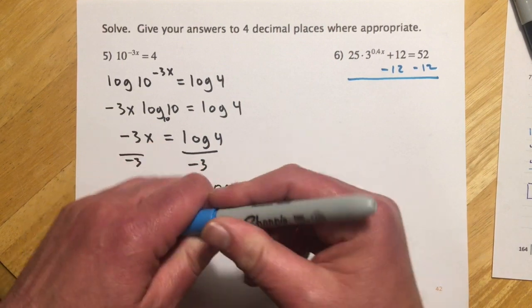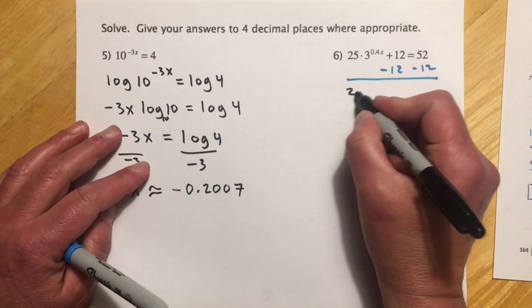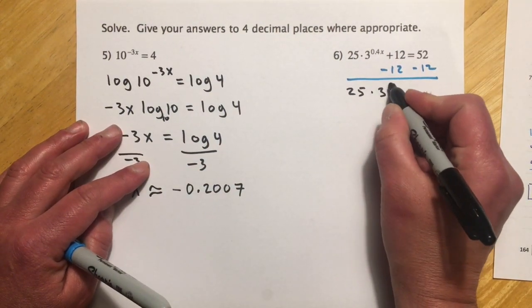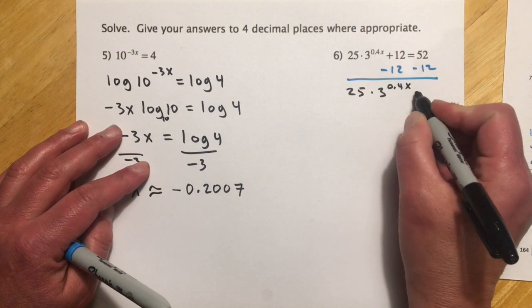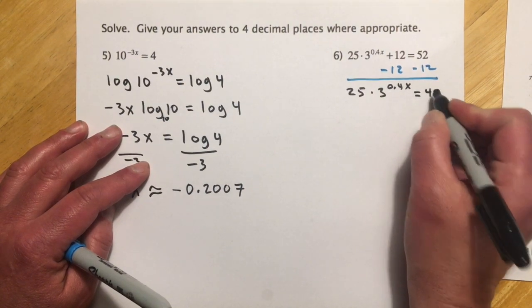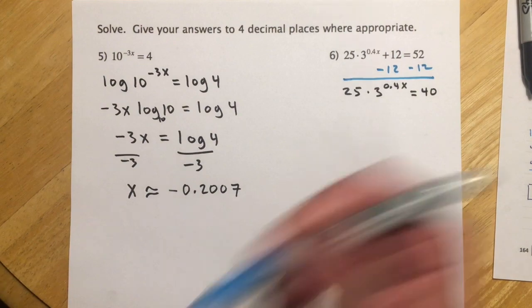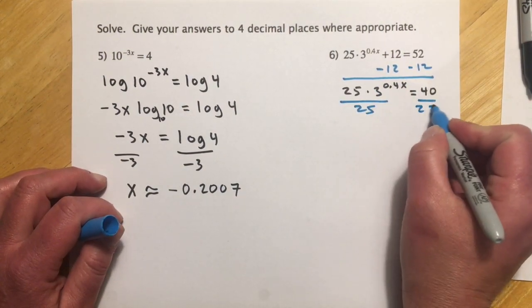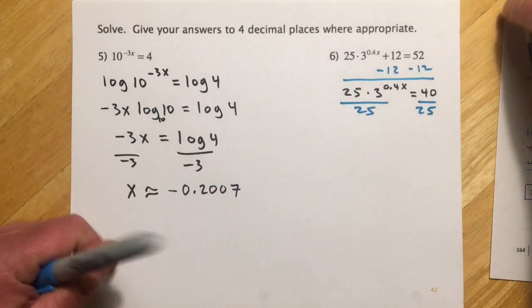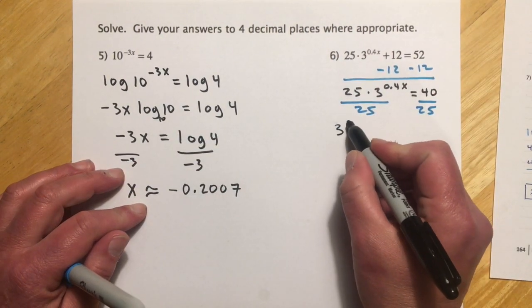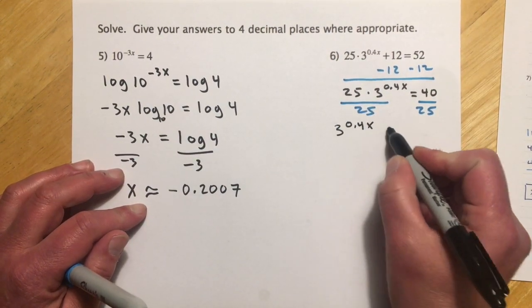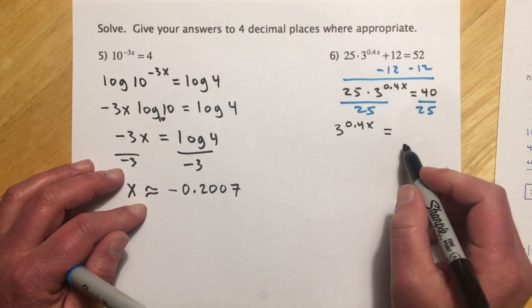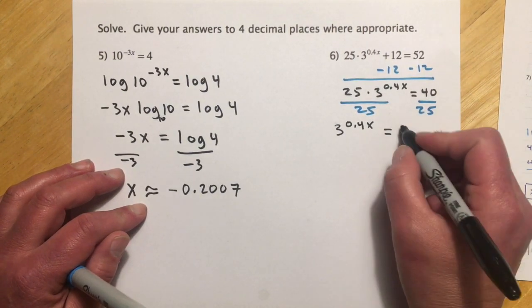So if I do that, now I have 25 times 3.4x equals 40. And then the 25 is multiplying, so I'll divide it over. So 3.4x equals 40 over 25, which would be 1.6.